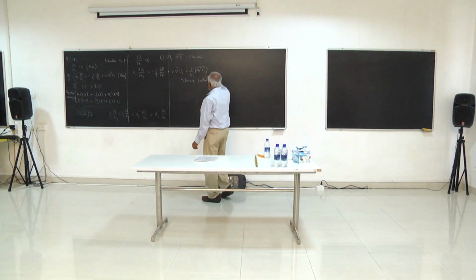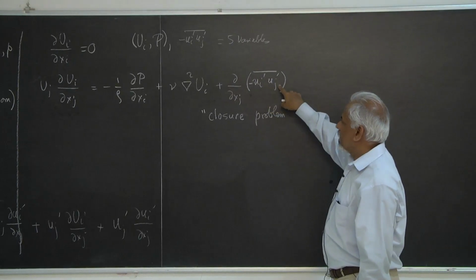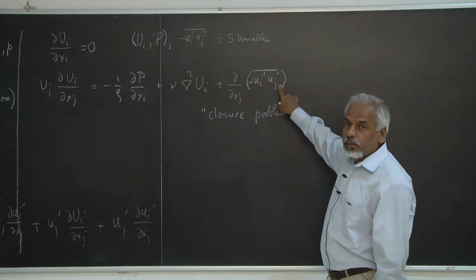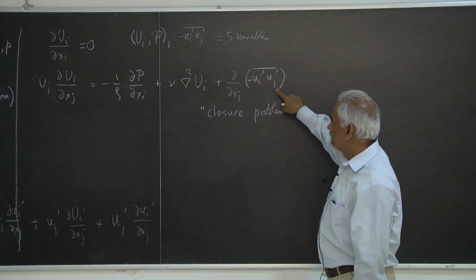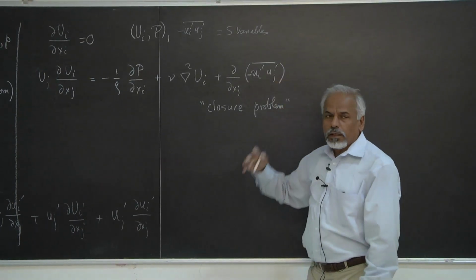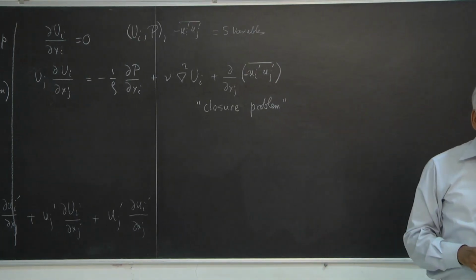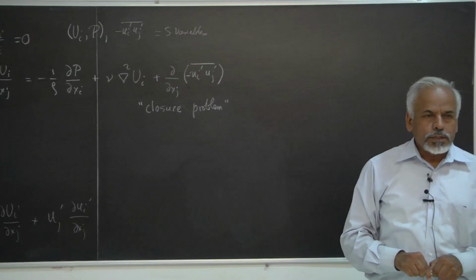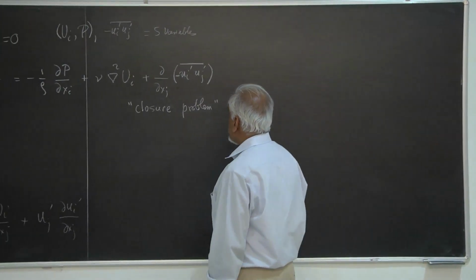So usually people go as far as writing an equation for ui prime uj prime, and it is a very important equation, and so I'll write it down for you. I'll show you how to do it. But thereafter, people don't usually bother to write further equations, but start to say something about the unknown terms.